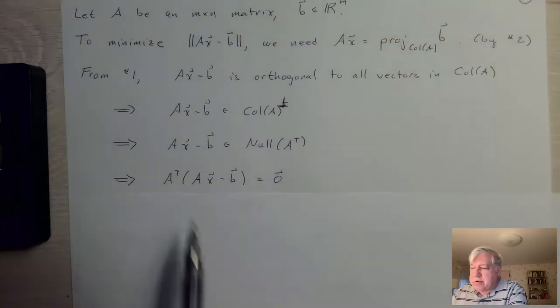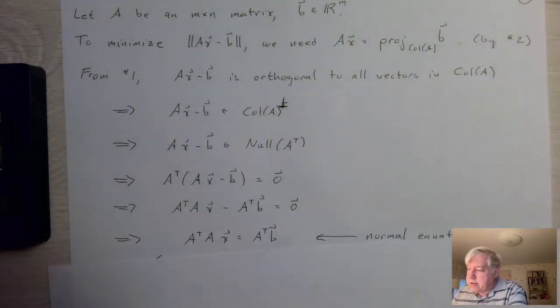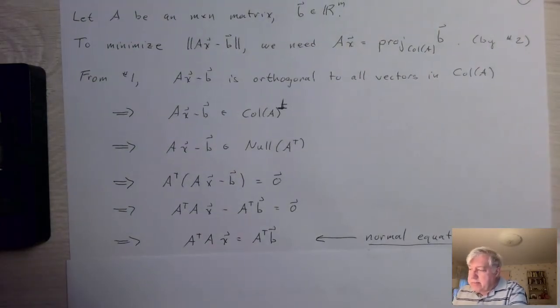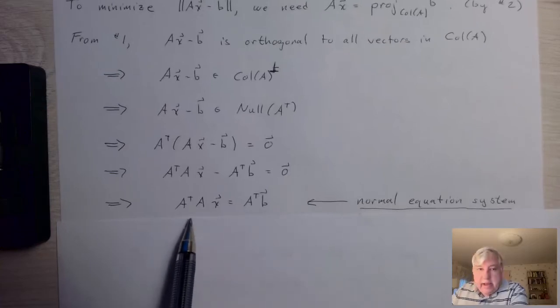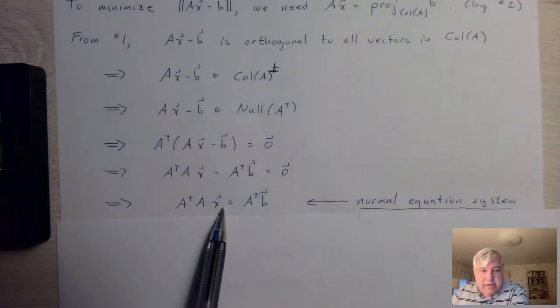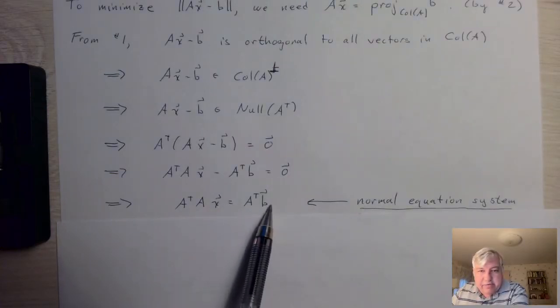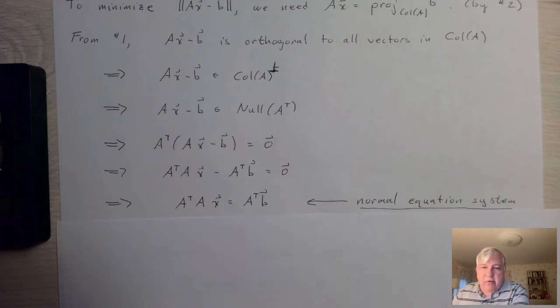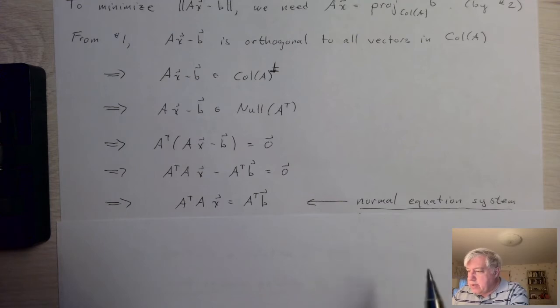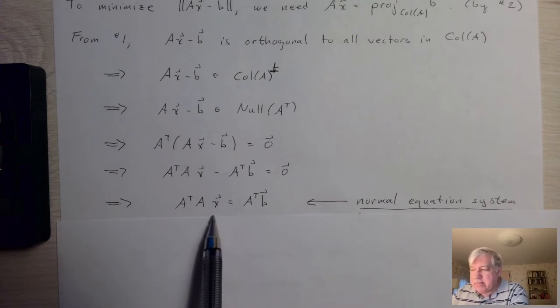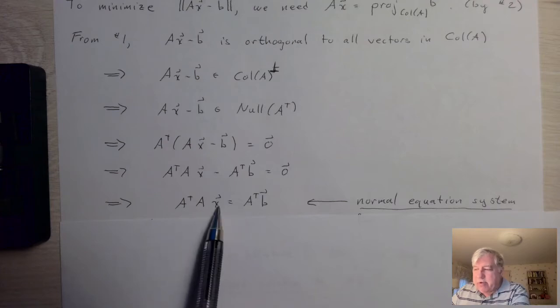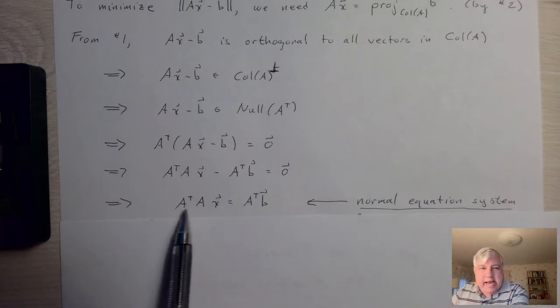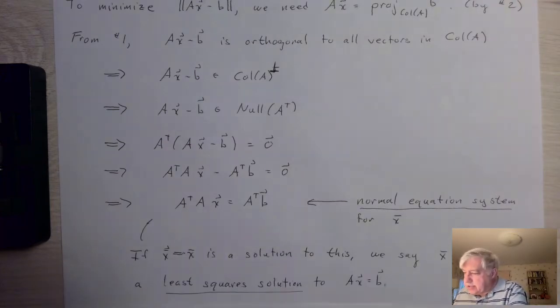And we can distribute the A transpose and put this over here, and we get that A transpose A times X equals A transpose B. This is what we call the normal equation system. To find X, we're basically all set as long as A transpose A is invertible; we're guaranteed a solution.